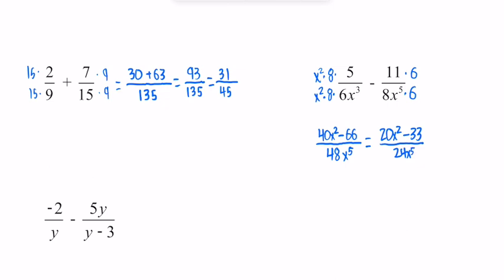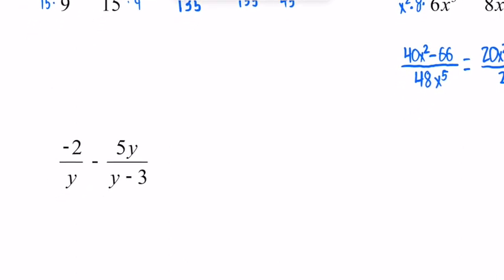So we divide them all by 2 and we'll be left with 20x squared minus 33 over 24x to the 5th. Let's take a look at the example, negative 2 over y minus 5y over y minus 3. Here, to get our common denominator, we're going to follow that process of multiplying the top and bottom of the first fraction by what we have on the bottom of the second fraction.